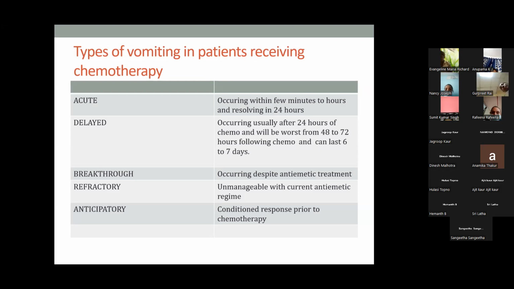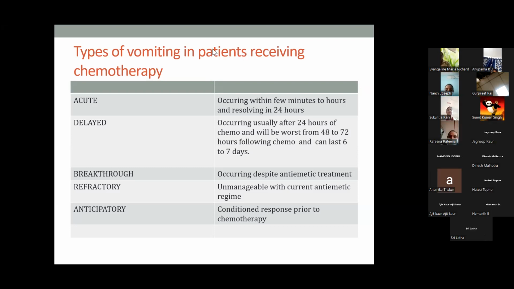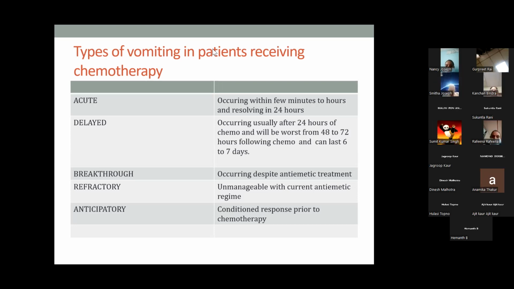Okay, and anticipatory vomiting, can you give me an example? When do you say that the patient has anticipatory vomiting? The patient goes in for a chemotherapy for the first time, and the drug was one which had severe emetogenic potential.